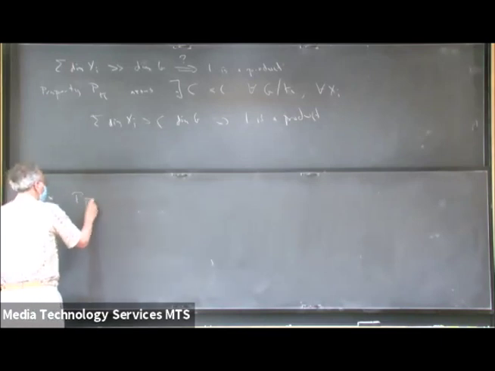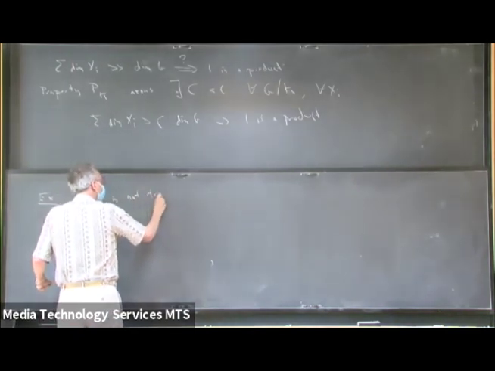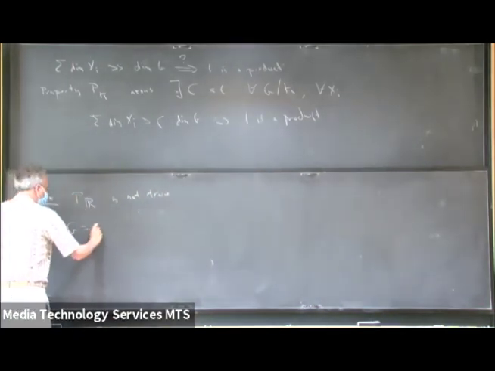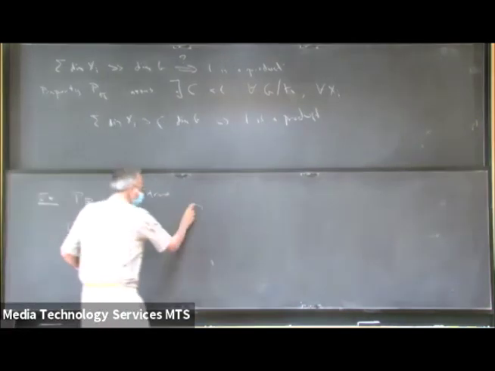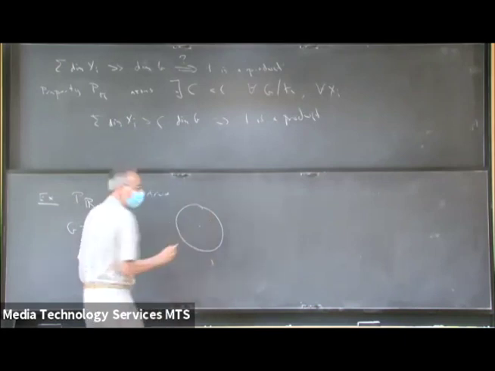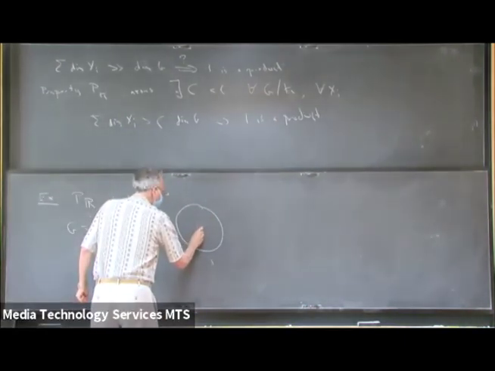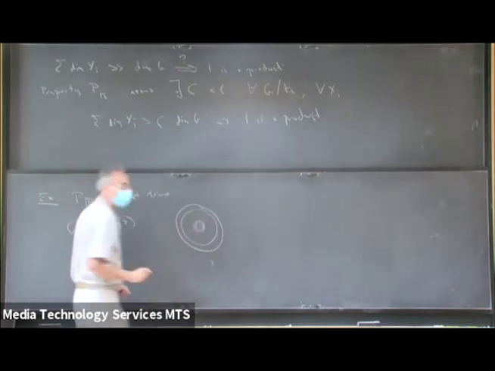So R does not have this property. How do we know? Well, let G be equal to SU2. So here's a picture of SU2. Here's the identity. And we give ourselves a bunch of very small conjugacy classes, and then one really big conjugacy class.